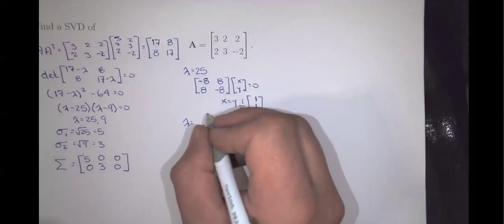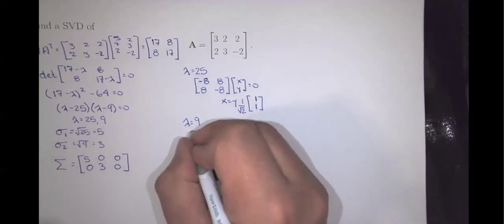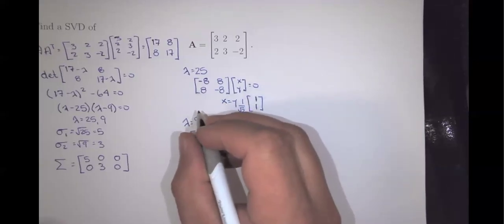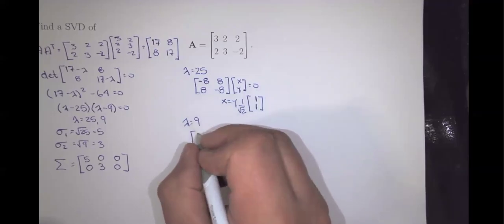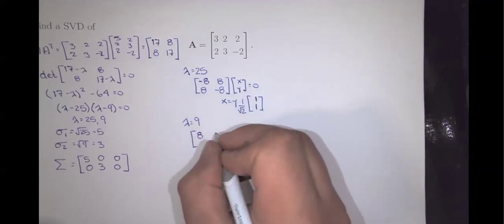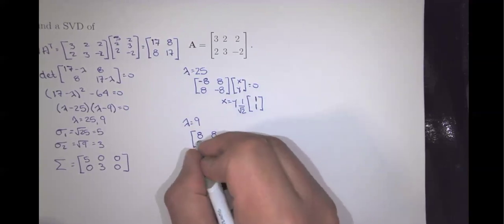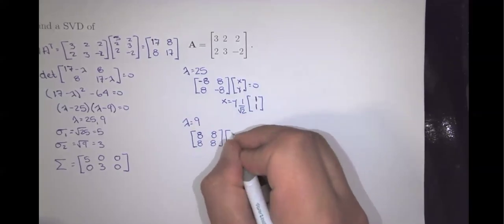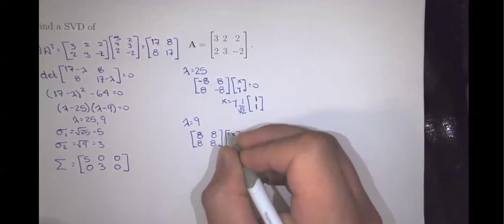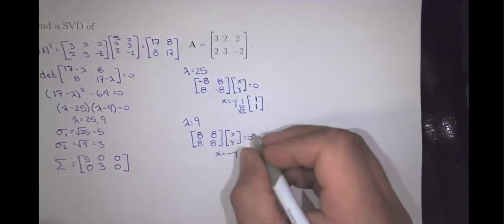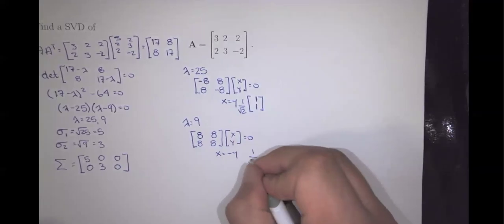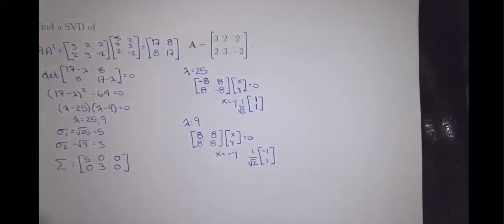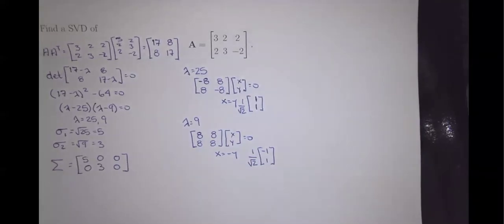Next, lambda equals 9. So our matrix here is 17 minus 9, which is 8, and then 8, then 8, and then 17 minus 9 is again 8. This gives x is equal to negative y. And so when we normalize, we get 1 over root 2 times negative 1, 1.